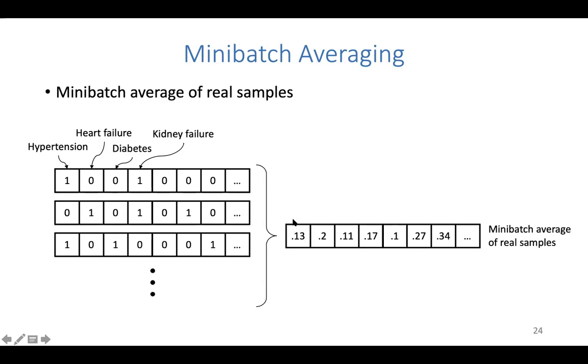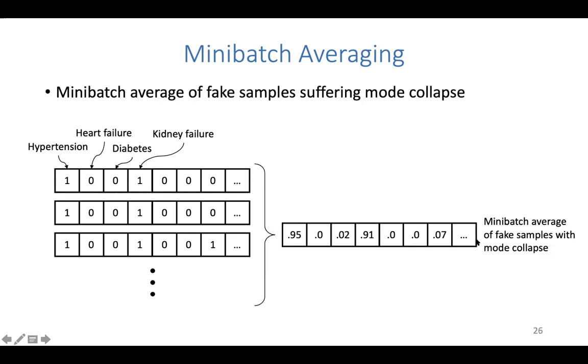We simply copy paste this, we concatenate this with the first sample here like this, and then the second sample and the third sample. So we are simply copy pasting this mini batch average to all the samples in our mini batch. Same goes with here. We copy paste this to the first sample, concatenate it. We concatenate this to the second sample, the third sample, all the way to the last sample in the mini batch.